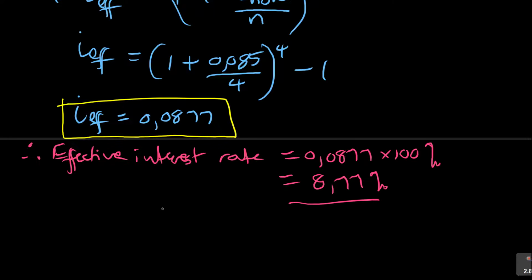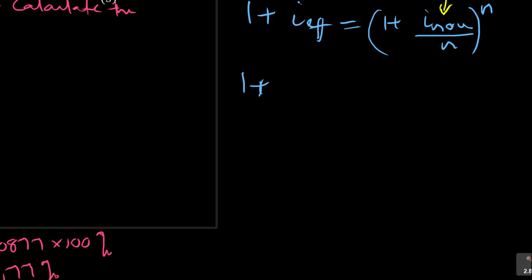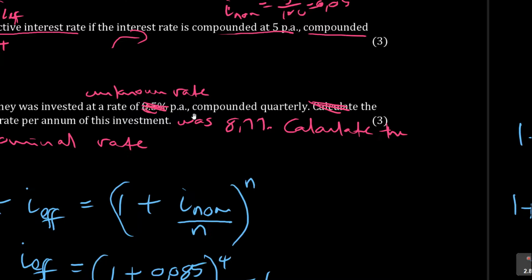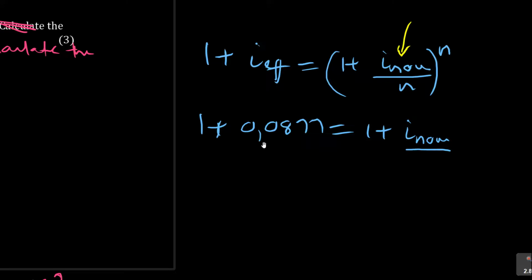You divide that by 100. So 8.77 over 100 is 0.0877. So you're gonna say 1 plus 0.0877 is equal to 1 plus I norm over, they say it's compounded quarterly, so our n is 4.